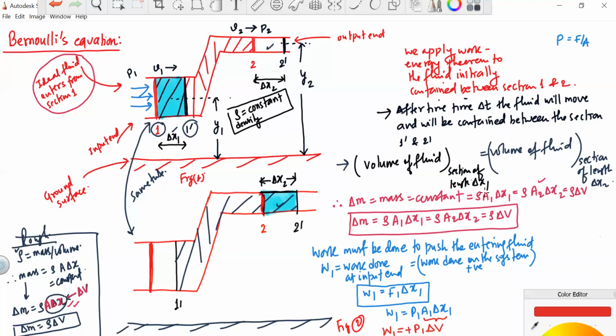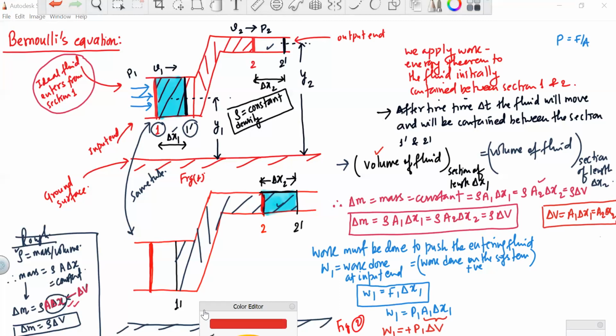So let me write over here delta V, because we know volume of fluid at section of length delta X1 equals volume of fluid at section of length delta X2. So volume is constant, so we can write delta V equals A1 delta X1 equals A2 delta X2. So we get this. Clear?